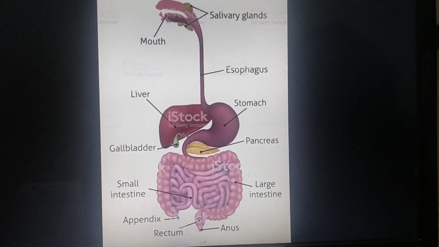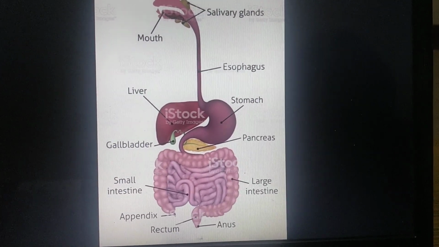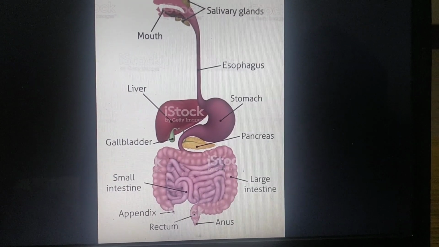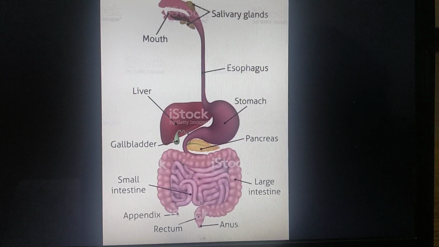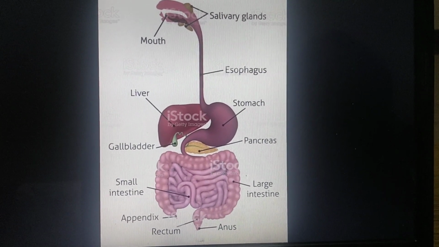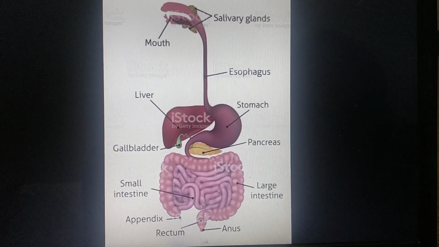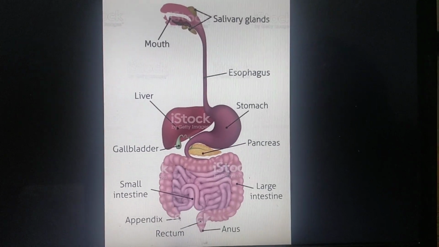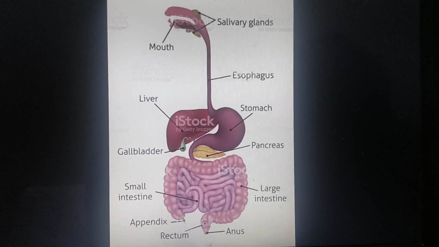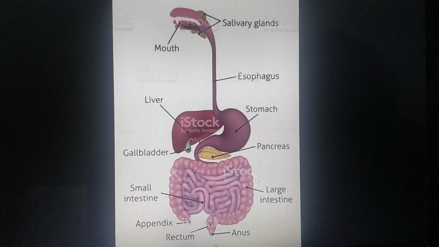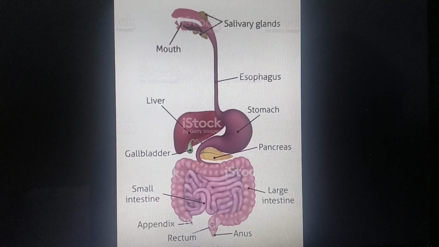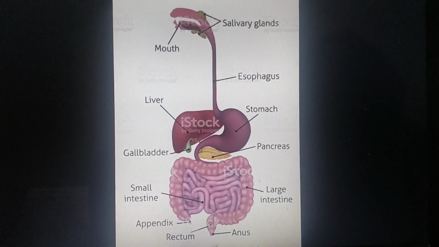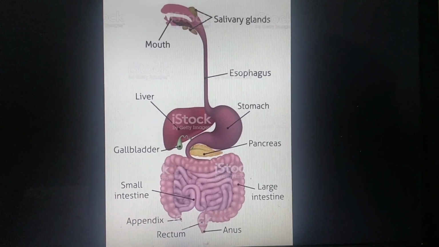The liver is a gland, and it secretes bile. It helps in emulsification of fat, which is essential because enzymes can act only on emulsified fat. Emulsification means big fat droplets are broken into small fat molecules so that enzymes can easily act on them.